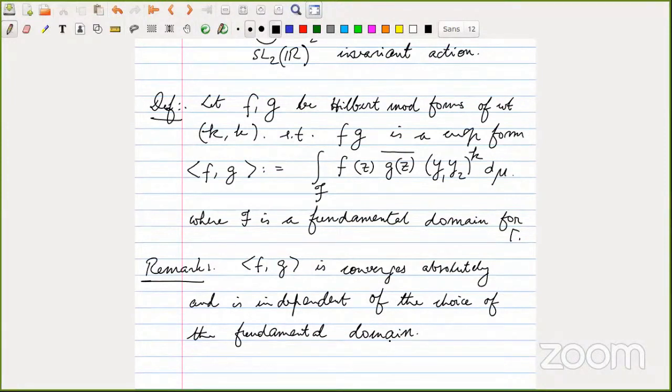The proof is just the gamma invariance of this integral, and it is bounded on H2. So the integral doesn't depend upon the choice of F, and the absolute convergence follows from the dominated convergence theorem. These functions are going to be dominated inside the fundamental domain.